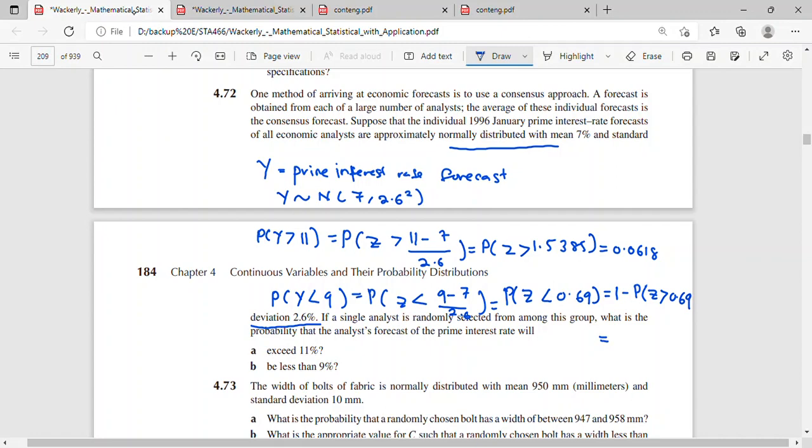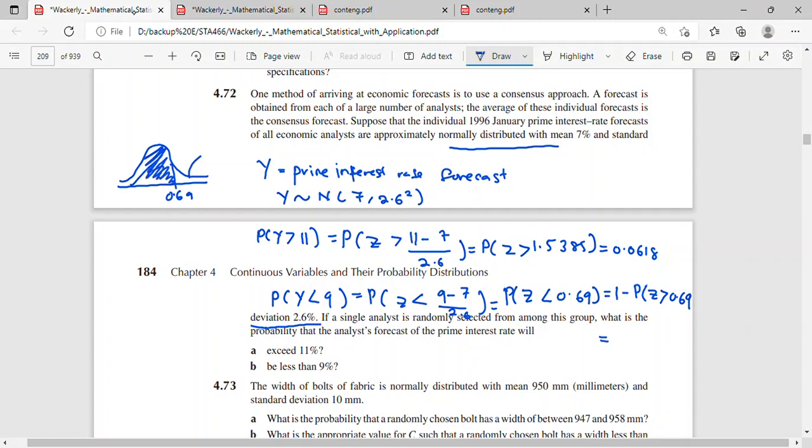So kita nak cari here less than 0.69, all of this.